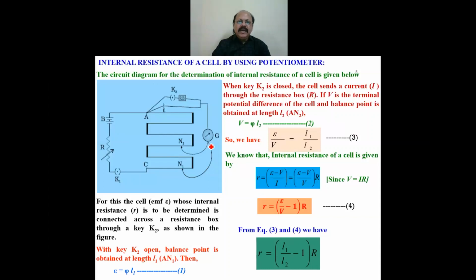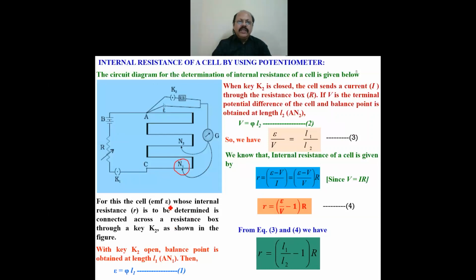So in this condition we have to find out with the help of the jockey a point on the potentiometer wire at which the galvanometer shows no deflection. Let it be N1. Then we note the length AN1, so that it comes to be L1.